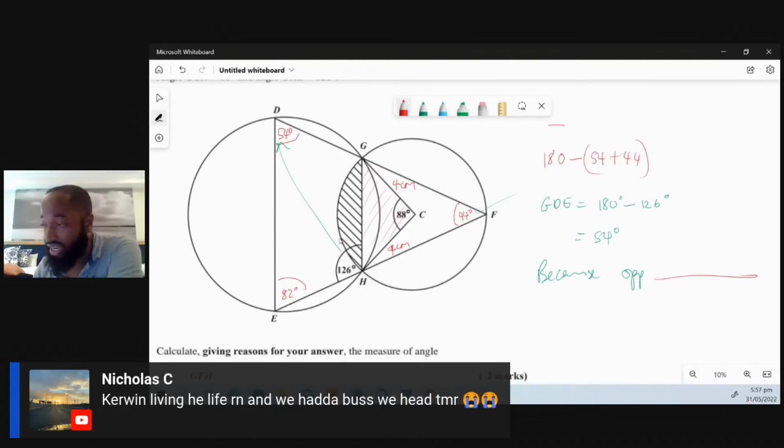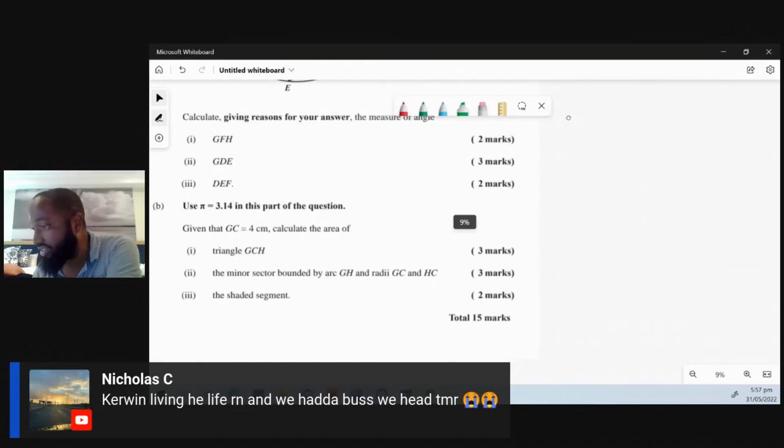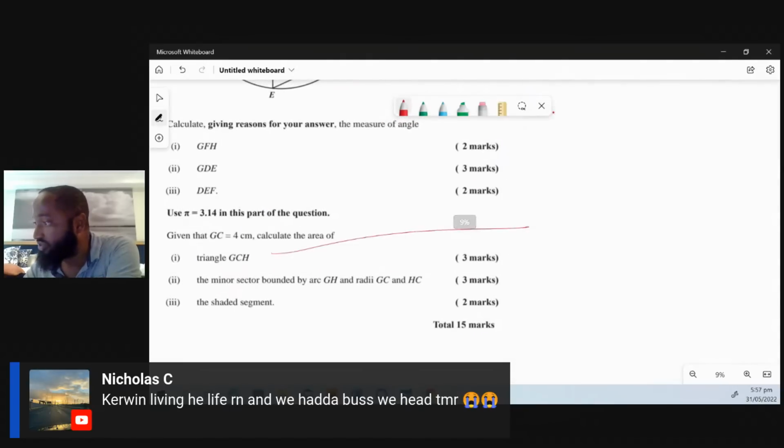The area of the triangle is very simple. Use this formula. Half ab sine C. Well done, come on. So this is half, and remember both of them were 4. So it's 4. Let me draw it in the same way. That's 4. This one's 4. Give me a little second there.